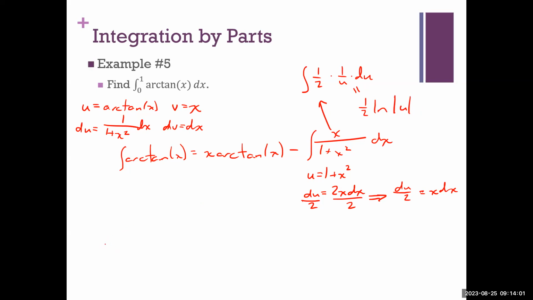So now let's come to the bottom here. Now we can handle this whole thing at once, I believe. So I have the integral of arctangent x equals x arctangent x minus 1/2 times the natural log of, what was our u? Absolute value of 1 + x squared.